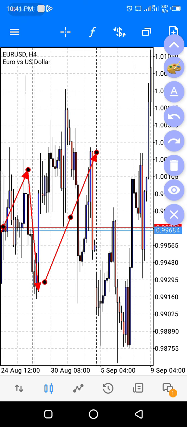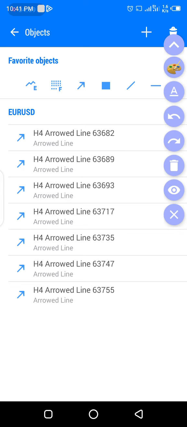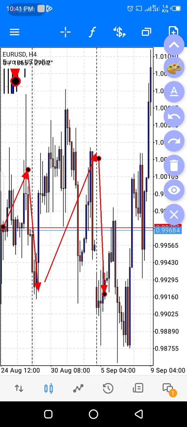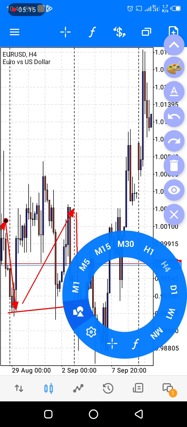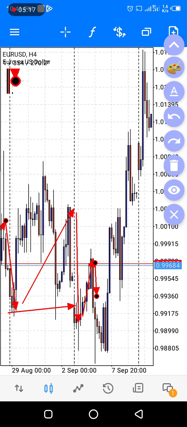Retracements, when I've pushed to the downside. Okay, that has broken these lows. I push to the upside, I push to the downside again.